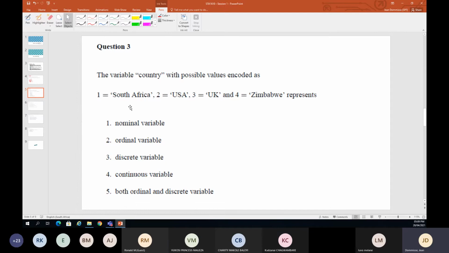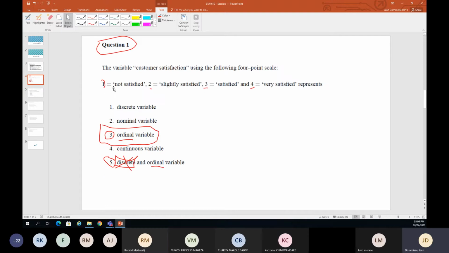Okay, so the variable country, with possible values encoded as 1 for South Africa, 2 for USA, 3 for UK, and 4 for Zimbabwe, represents... Okay, so now we can nearly go back to the previous one where 1 was not satisfied up until very satisfied.